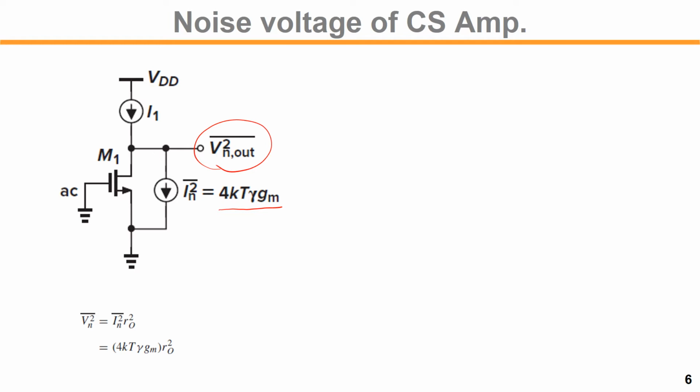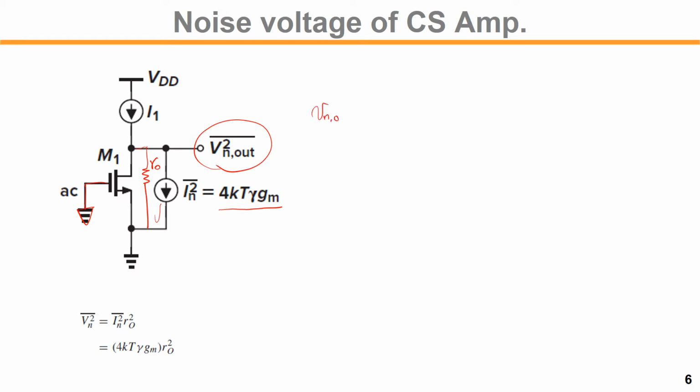Voltage noise density. Using circuit analysis, we have a finite RO there. Once we plug the gate to AC ground, all the noise current will flow through RO.